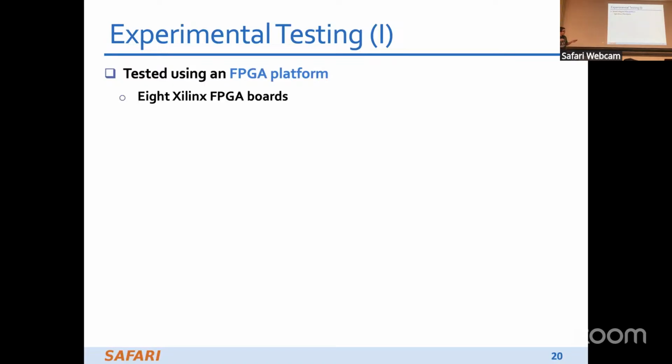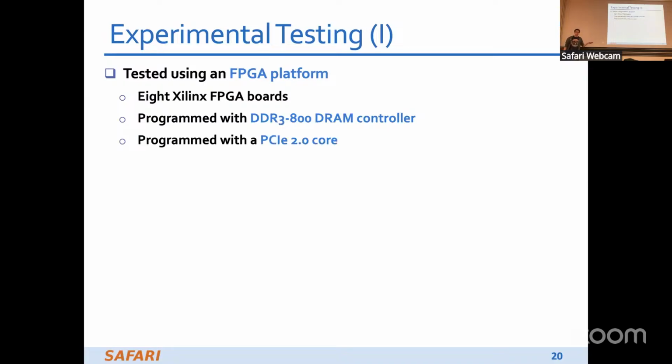They have then performed a lot of experimental testing to make sure that that wasn't just a faulty DRAM module or an isolated occurrence. So they have used an FPGA platform for this testing. They've used 8 FPGA boards, each of them programmed with a DDR3 800 DRAM controller, each of them also programmed with a PCIe 2.0 core.